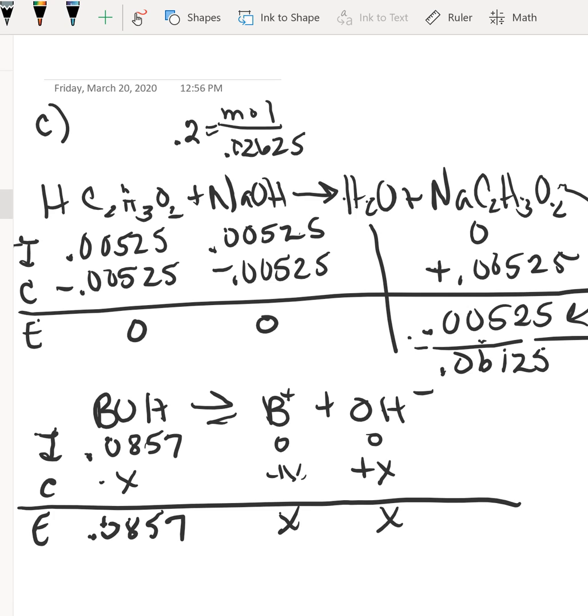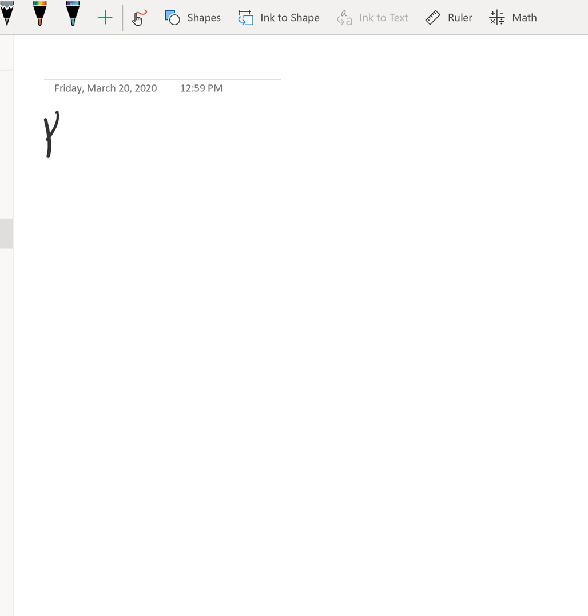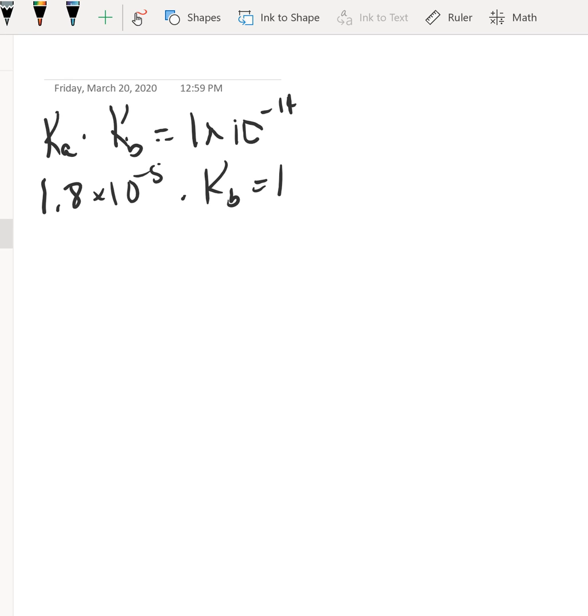Okay, so since this is a base, I'm going to have to set this equal to KB, but I'm going to have to get the KB from my Ka. So 1.8 times 10 to the negative 5th times KB is 1 times 10 to the negative 14th.